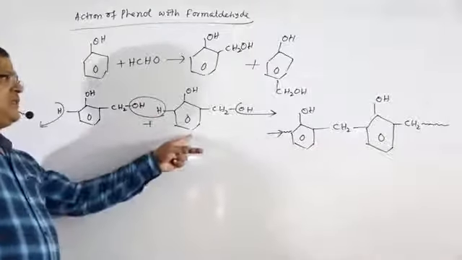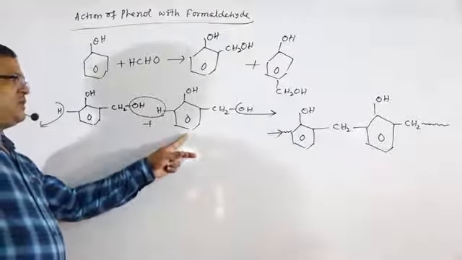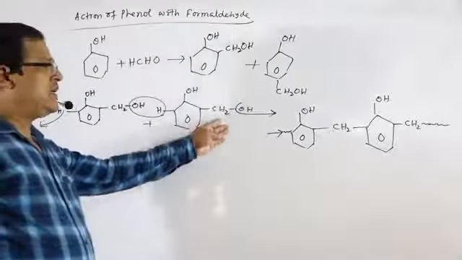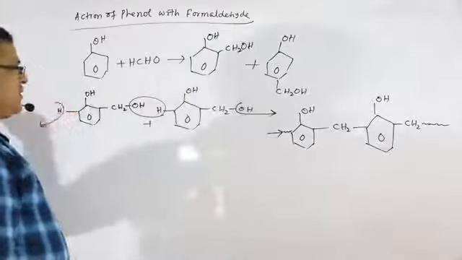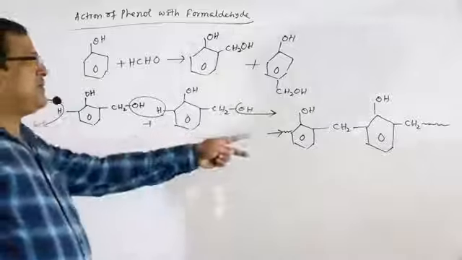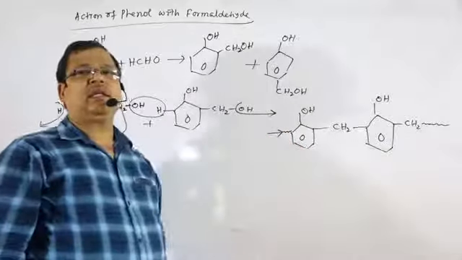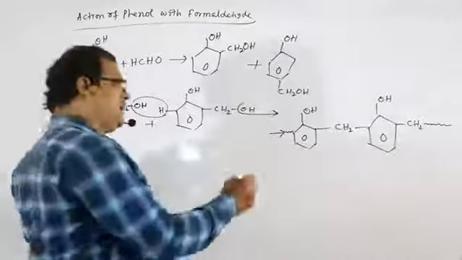We have written 2 molecules of the ortho product, and the ortho products again combine. So there is the formation of this type of compound, known as a linear polymer. This is your linear polymer.